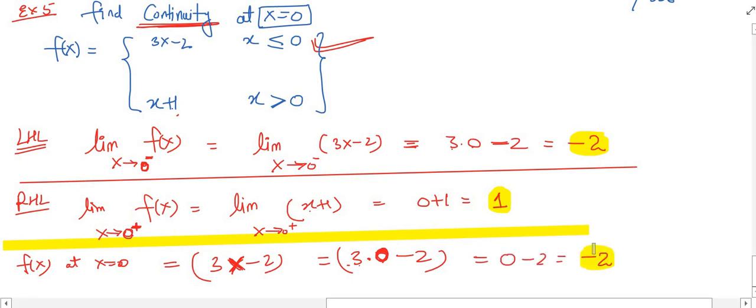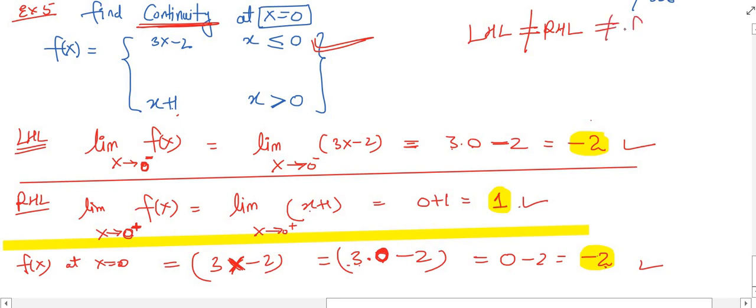You can highlight these three values. So by observation, I see LHL is not equal to RHL. You can see this is LHL, this is RHL, and this is function value. These two are not equal, but f(x) is equal to LHL, but not equal to RHL.